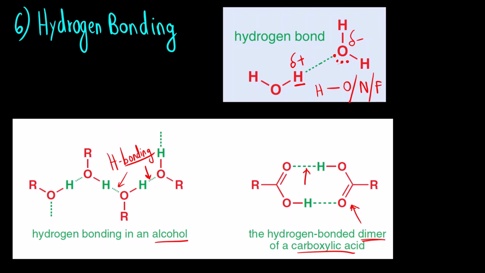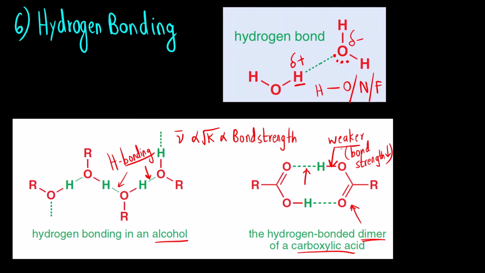So how does this affect the stretching frequency? Because of this hydrogen bond, the OH bond becomes weaker, that is, the bond strength of the OH bond decreases. We know that the stretching frequency is directly proportional to the square root of the force constant, which is directly proportional to the bond strength. If the bond strength is decreasing, nu bar will decrease.